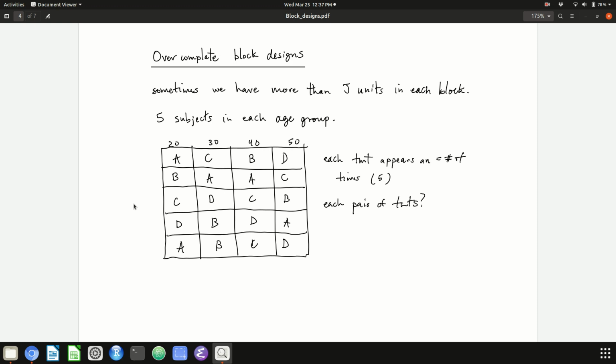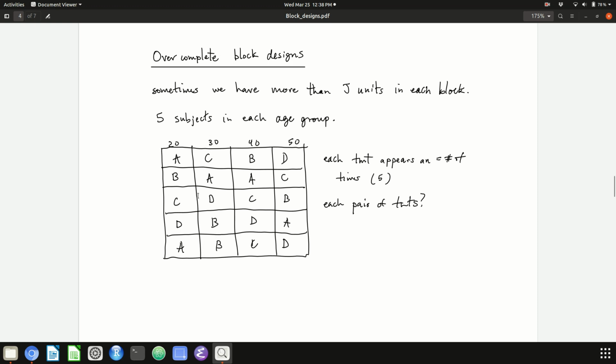Now, to talk about how many times each pair of treatments appears together in the same block, this gets a little bit tricky. So let's think about this. Let's say B and C. B and C appear together in this block, so this would be a 1. B and C appear together in this block too. But this isn't quite the same scenario as here, because in this block, B appears twice and C appears once.